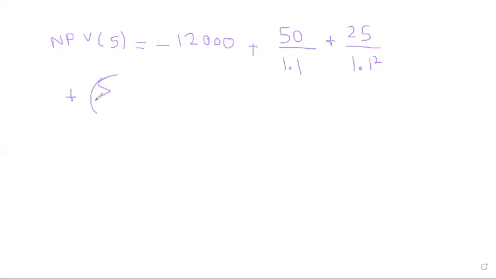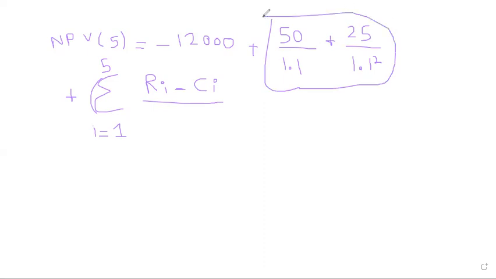And here you have to add summation from 1 to 5 only, because we calculate the NPV until year 5 of RI, which is the income for each year, minus CI, which will account for maintenance and operational cost. And as we mentioned, we considered these two terms because the maintenance is different for the first 2 years. So plus summation of RI minus CI over 1 plus A to the power I.